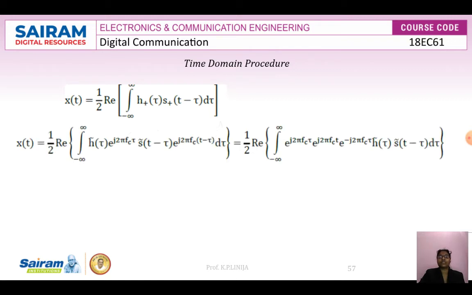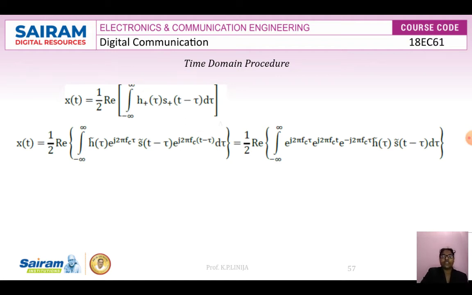Therefore, the above equation for the output signal x of t can be rewritten by considering the previous two equations. Now here we have to think about the exponential terms e power j 2 pi fc tau and e power j 2 pi fc into t minus tau, which have been multiplied in this expression.